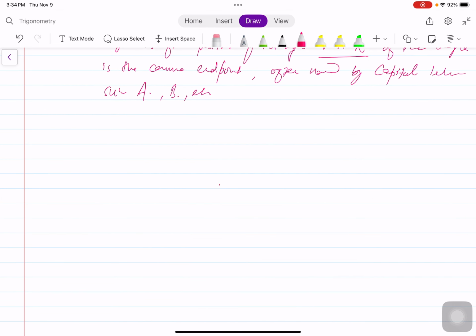It means, say we have any initial side, say this is the vertex, or just an endpoint of ray AB. Say this is ray AB, and if we rotate this ray in this direction, and say this is another position of AB, say this is the new position B prime.